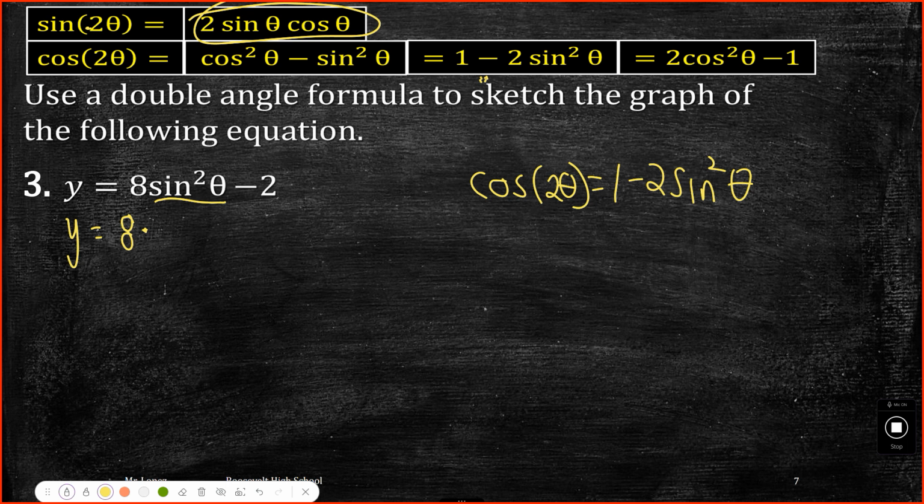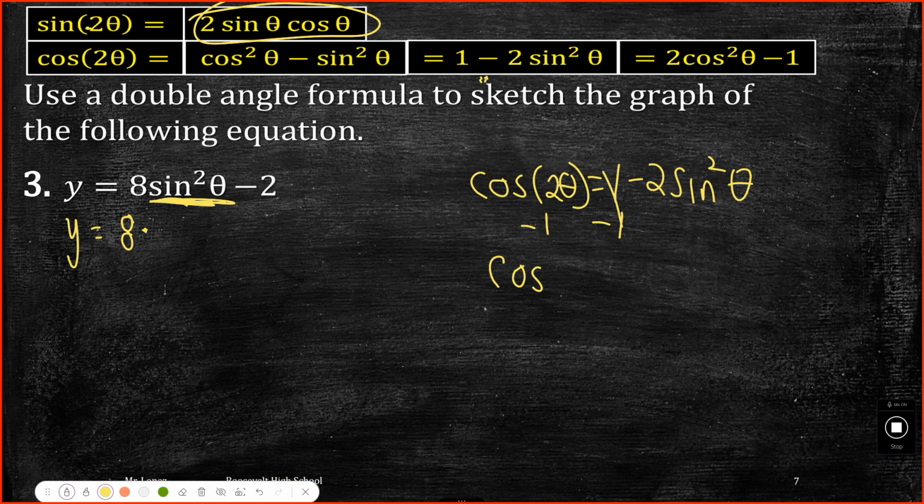How are we going to do this? Let me solve for sine squared theta here. Let's solve for stuff. So this is going to be minus 1, minus 1, cancel this.